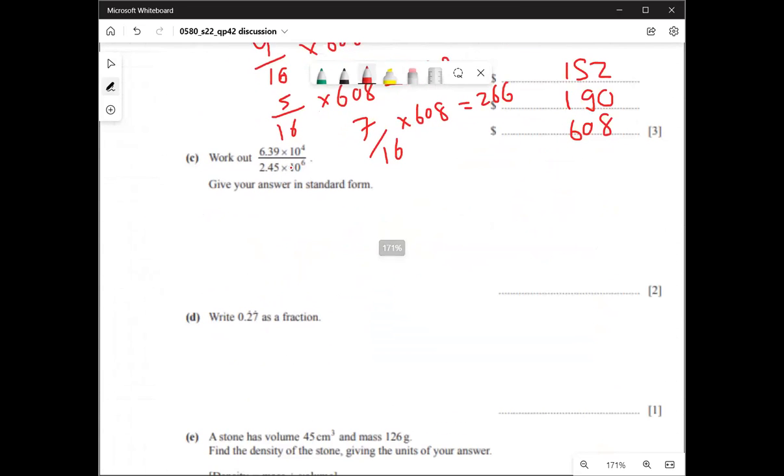Solve this in standard form. How do I get the answer? Do we just do it on the calculator?